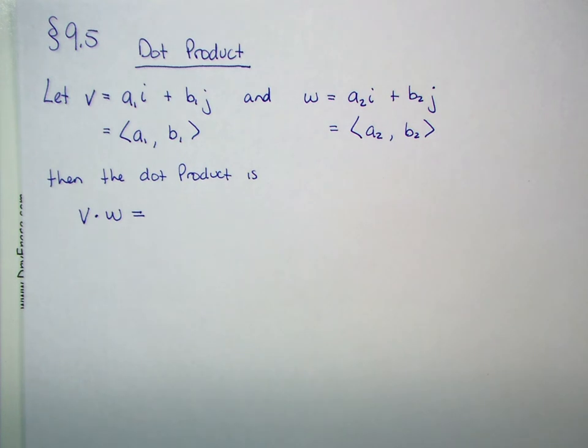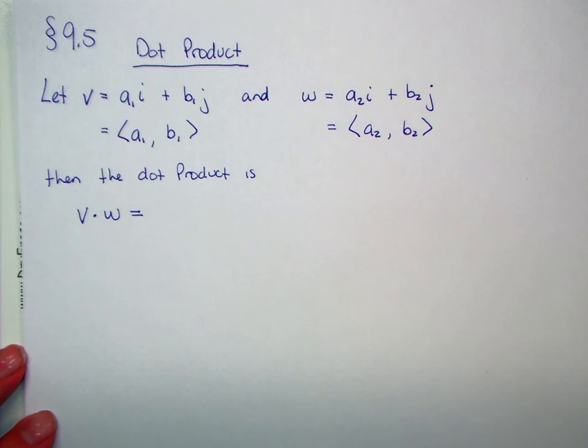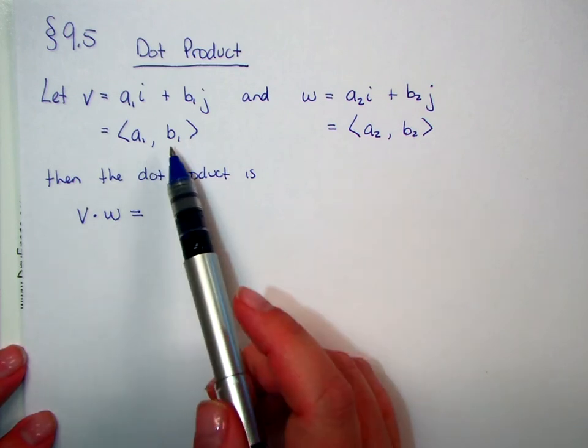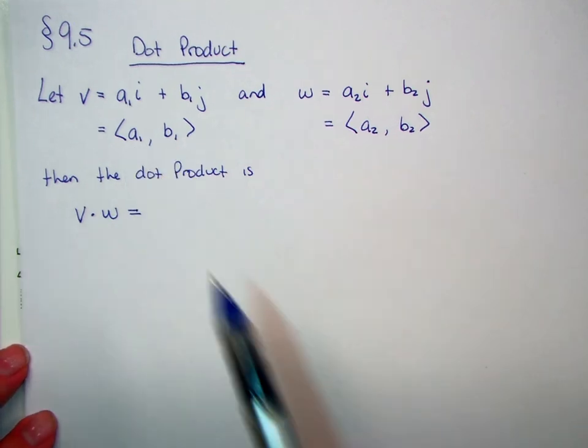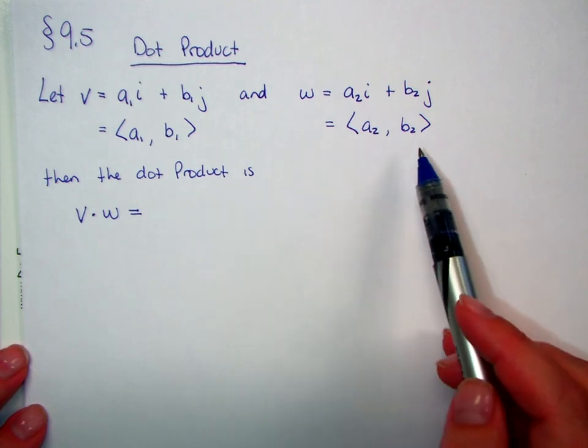So a sub 1 i plus b sub 1 j. And then w is going to be a sub 2 i plus b sub 2 j. But here it is in the other vector form, a sub 1 comma b sub 1, and a sub 2 comma b sub 2.